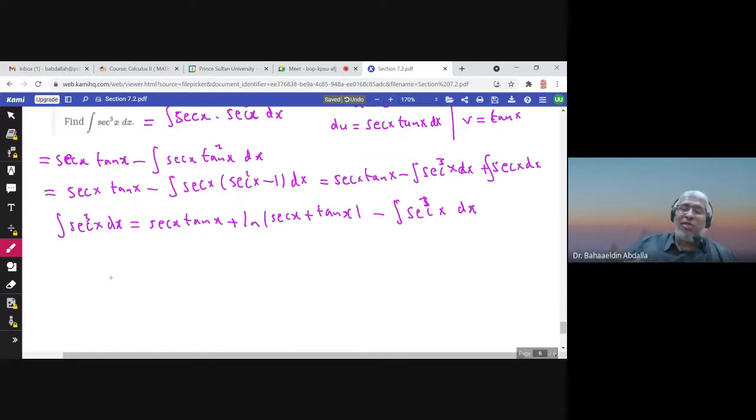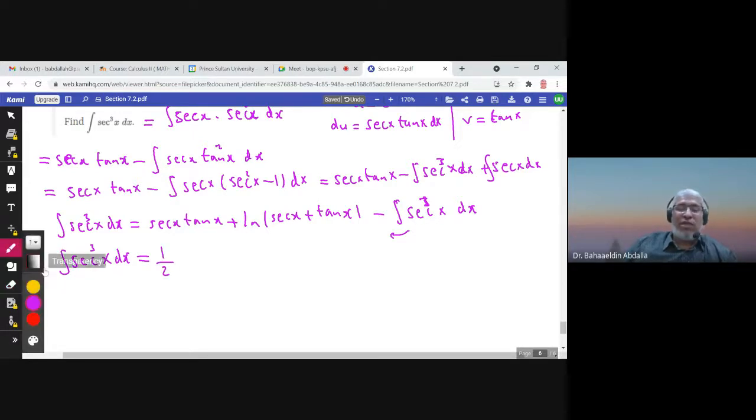We have seen this situation when we found the integral of e^x times sine x or e^x times cosine x. So what to do? I'll take this integral to the other side. So I will have 2 times the integral of secant cubed x dx equals all of this, and then I divide by 2.